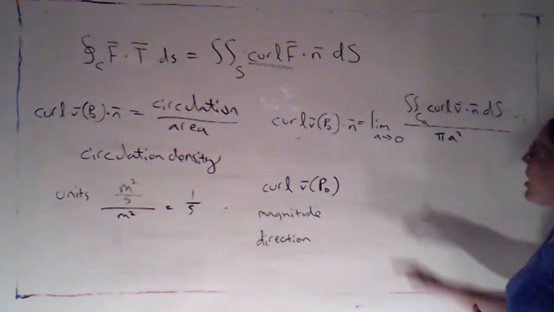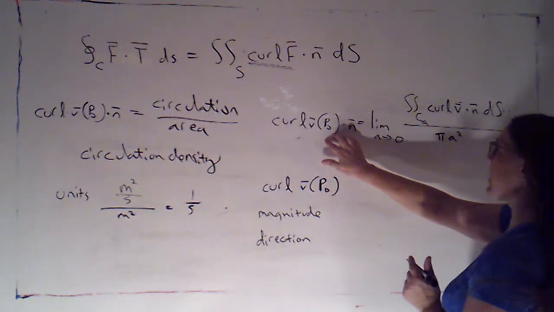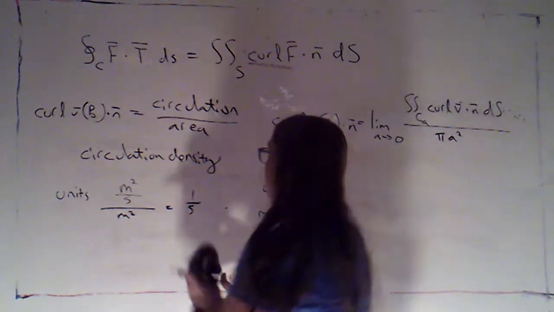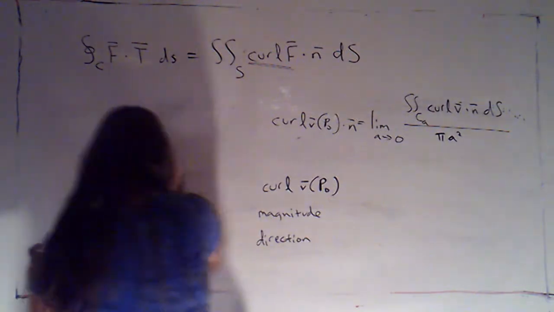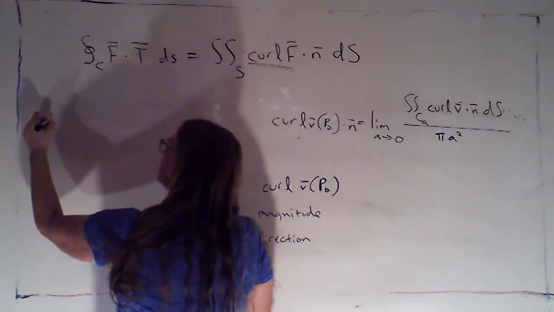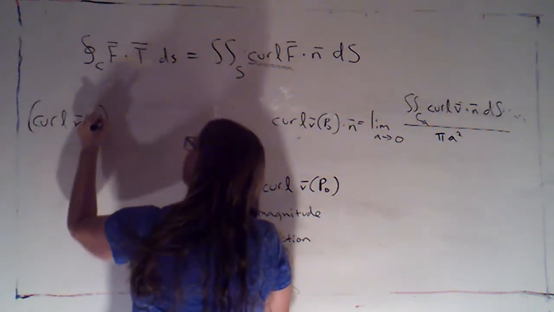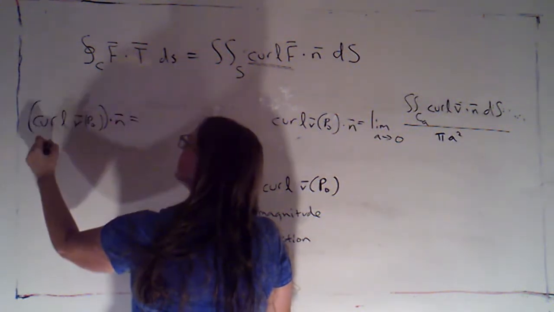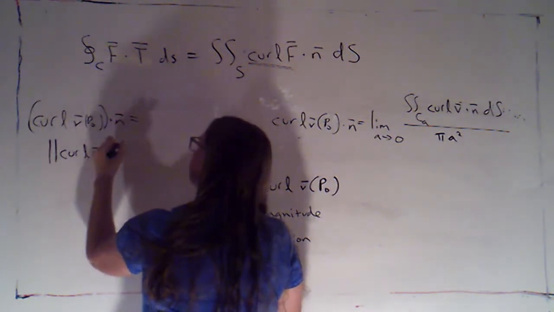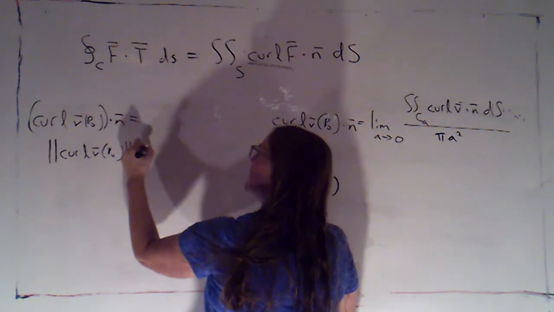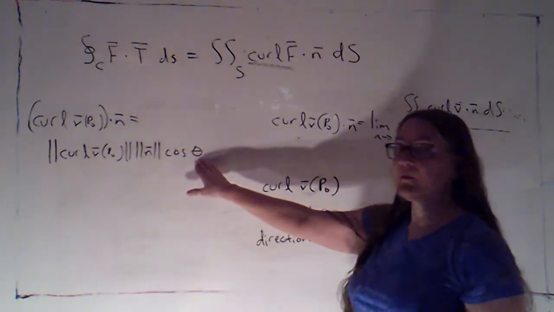Well, remember that when I take a dot product, which is what we're doing here with curl of v and n, curl of v at p naught dotted with n is just the magnitude of the curl of v at that point times the magnitude of n times cosine of theta, where theta is the angle between those.